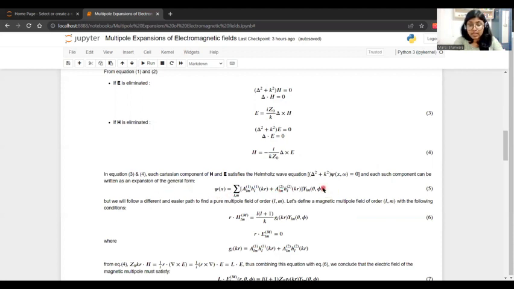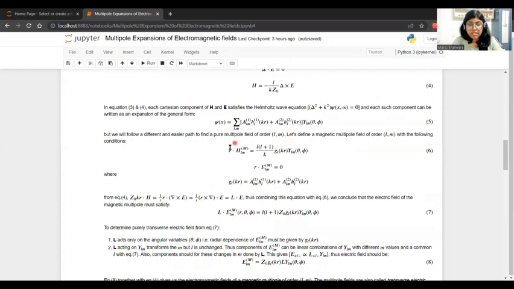And then we can define the multipole field equation, but it becomes really complicated. So we will follow a different and easier path to find a pure multipole field of order l, m. Let's first define a magnetic multipole field with the following conditions.